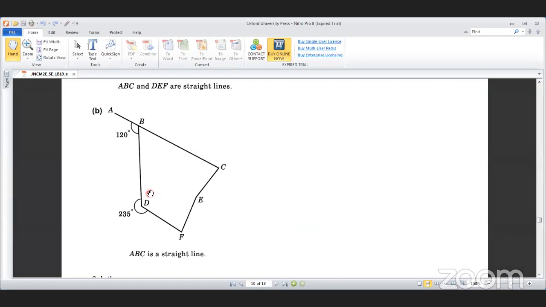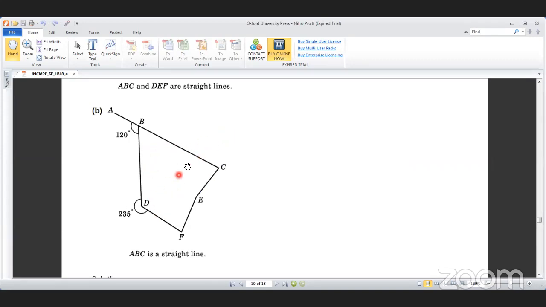This time I have this part 125, this one is 120, 5 degrees difference. If you look carefully, line AC and DF are slightly not in the same direction. Therefore, they are not parallel.